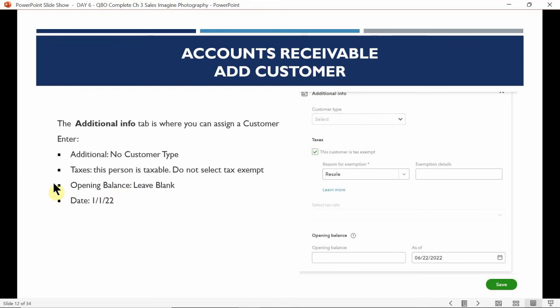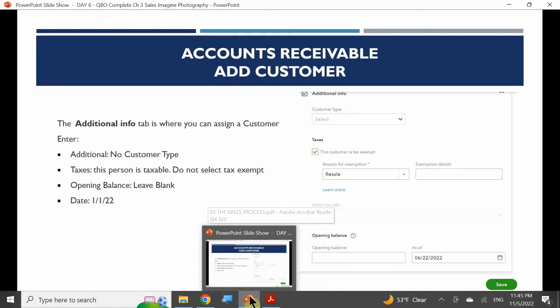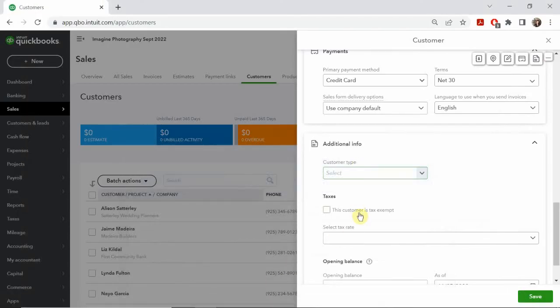Again, opening balances, you leave them blank, and of course, the available balance is going to be January 1st. Okay, so once again, we don't have a customer type. This person is definitely taxable, so they're not tax exempt.